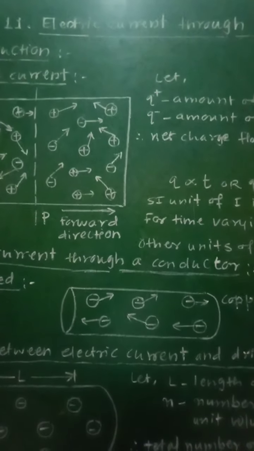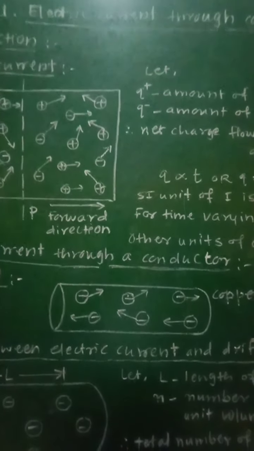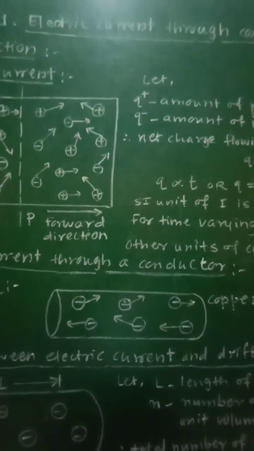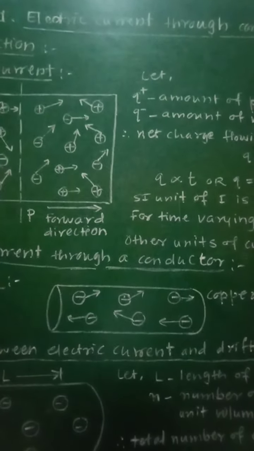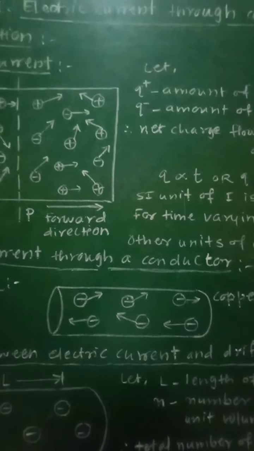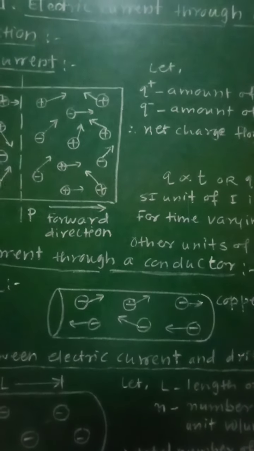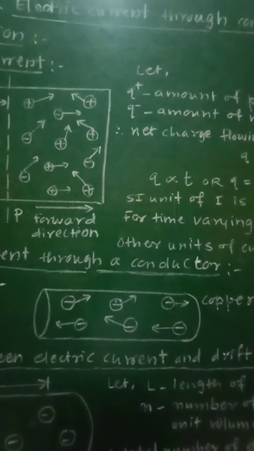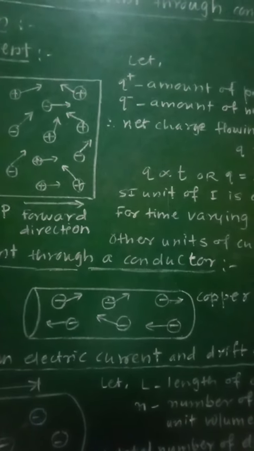So we know that the current can be generated by positively and negatively charged particles. In an electrolyte, that is in case of chemicals, both positively and negatively charged particles take part in the conduction.